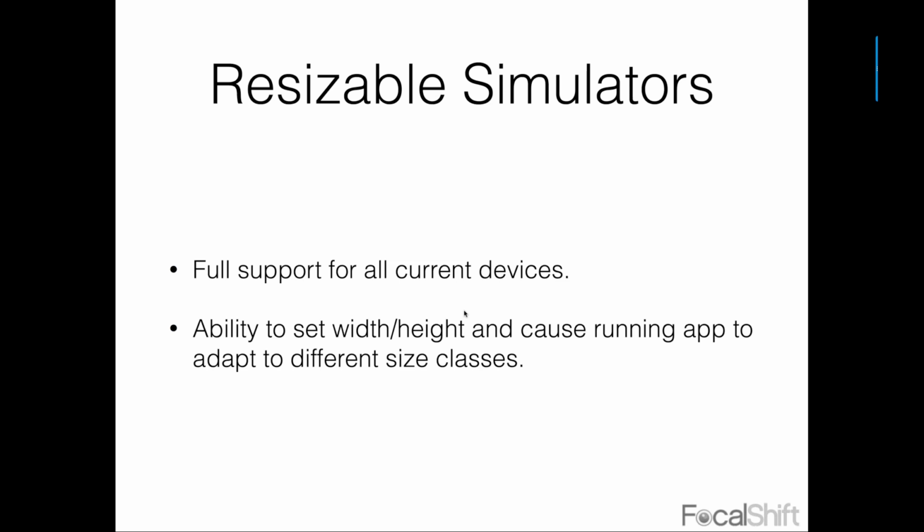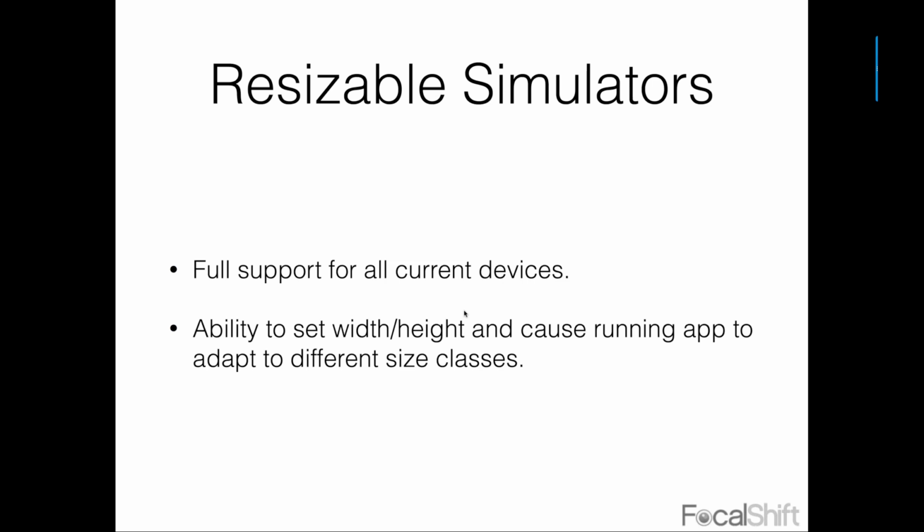Next thing is Xcode 6 provides us with a resizable simulator. What that means is we can set the point size for width and height in the simulator. They provide a number of canned versions of the simulator, like the iPhone 6 or iPhone 5S or whatever, that are at the appropriate resolutions. But you can also now just set any arbitrary width and height you want.